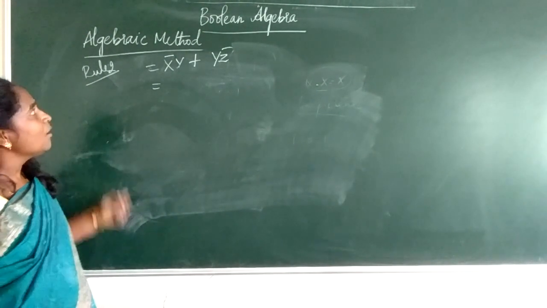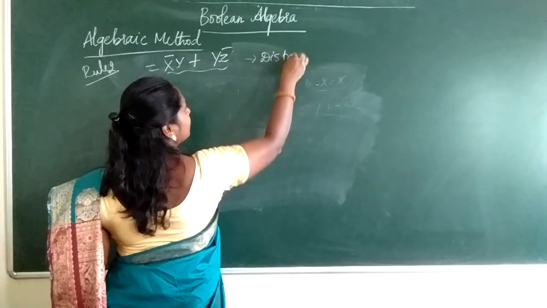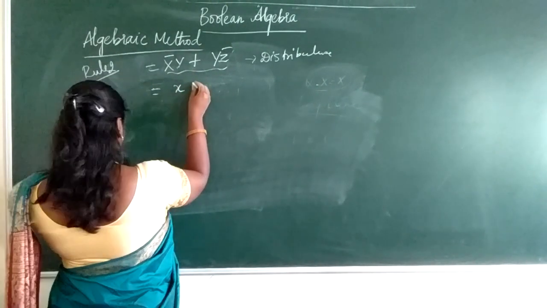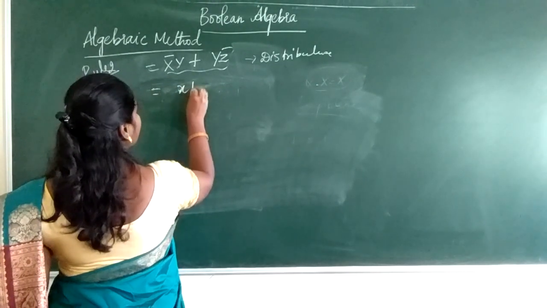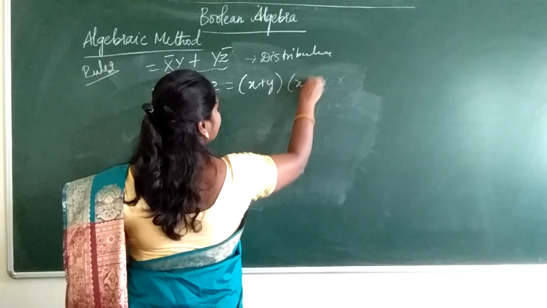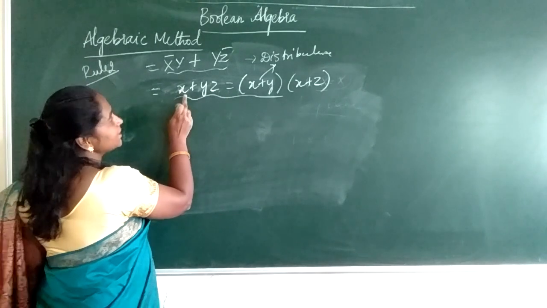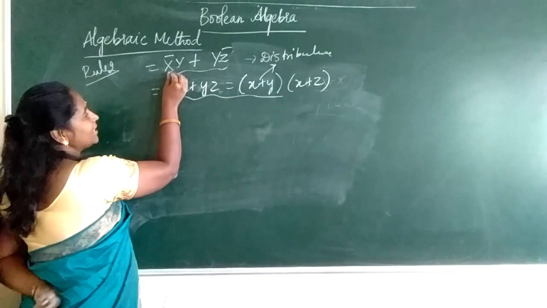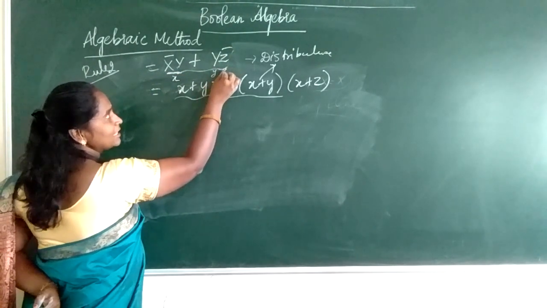Here we will consider one Boolean algebra law, that is your distributive law. What does this distributive law say? x plus yz is equal to x plus y into x plus z. That is my distributive law. So I am considering this as my x, this as my y and this as my z.